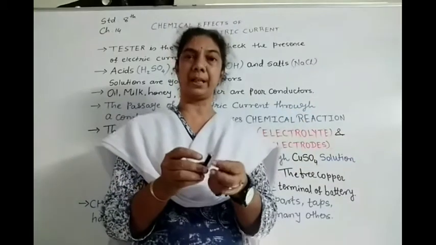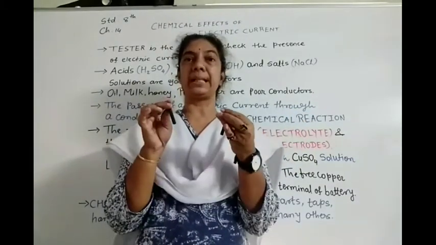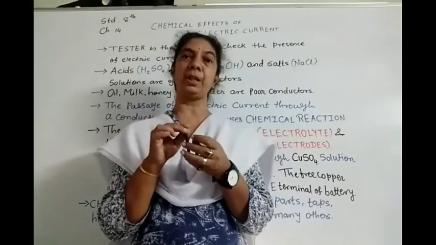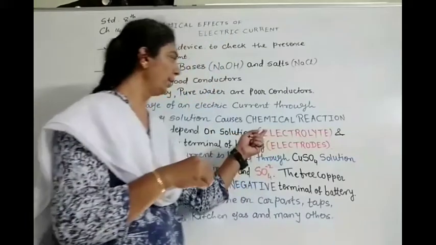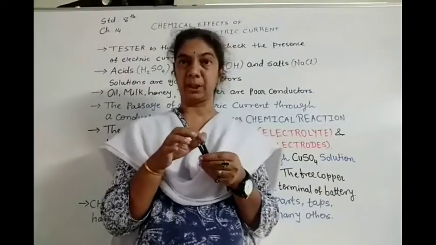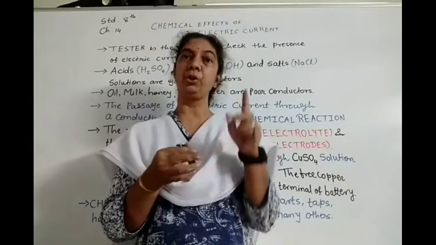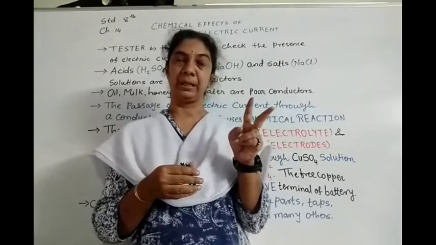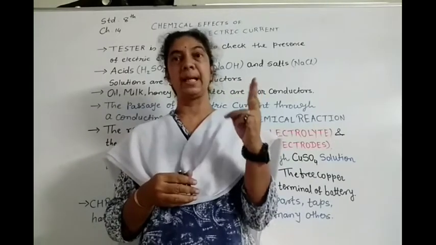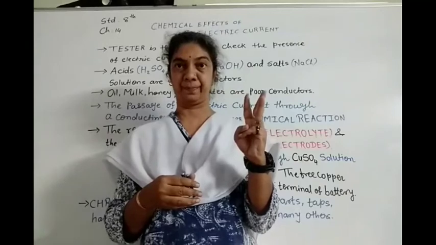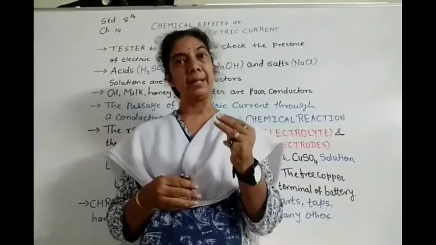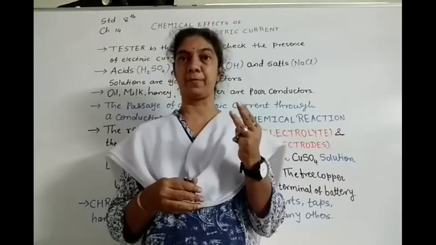The rods which are connected with the terminals are known as the electrodes. The solution which we are using for testing is known as the electrolyte. And these terminals of the battery are also positive or negative. Please get these terms: electrolyte, terminals and electrodes. If required, please see this video again and again and try to get these three terms from it.